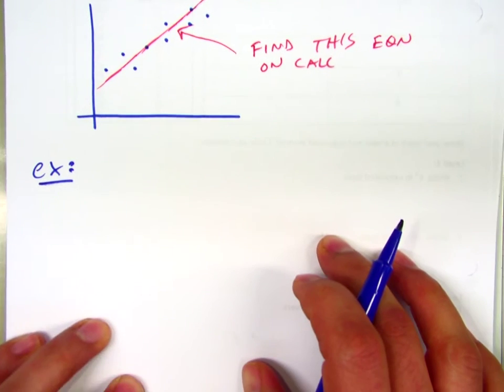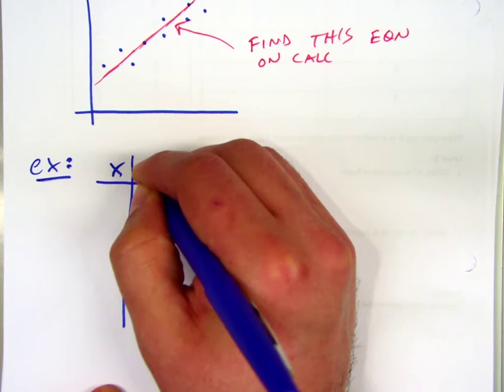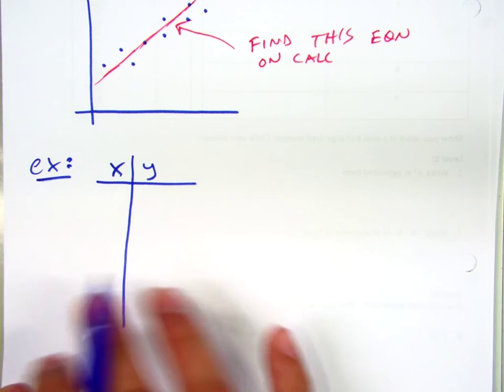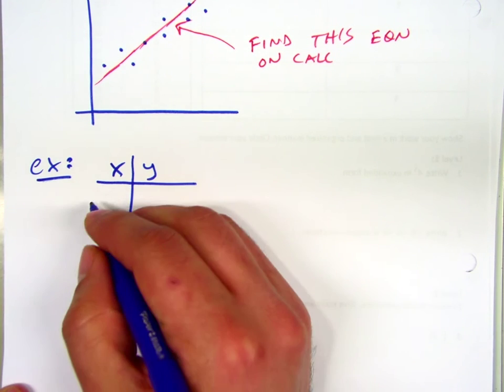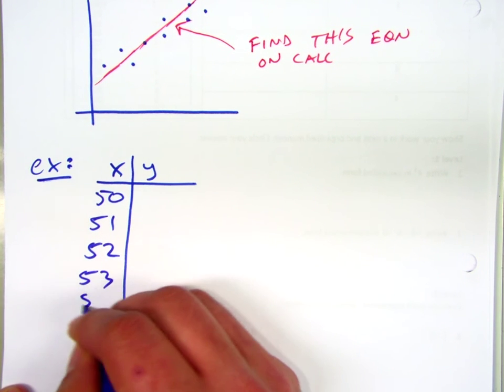So let's say we have some data. We're not going to overcomplicate it and make it a word problem. You will have word problems, but just to understand what's going on, let's look at a basic table of data. Let's say x is 50, 51, 52, 53, 54, and 55.